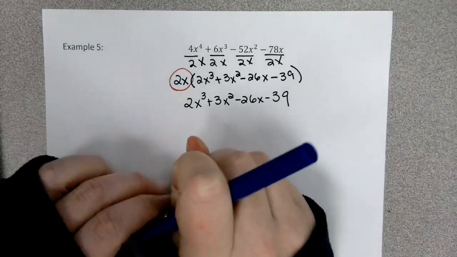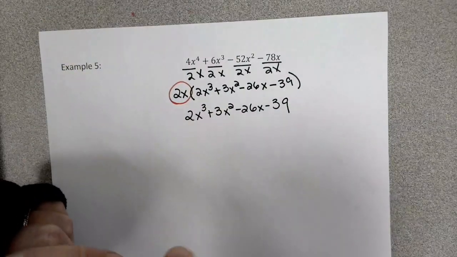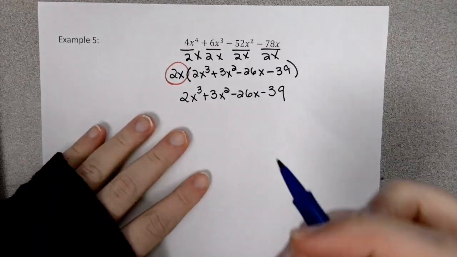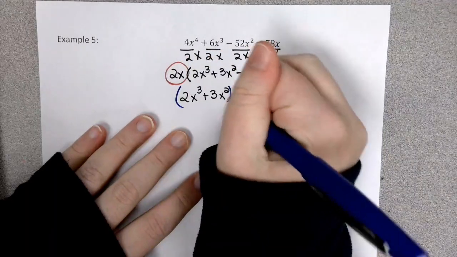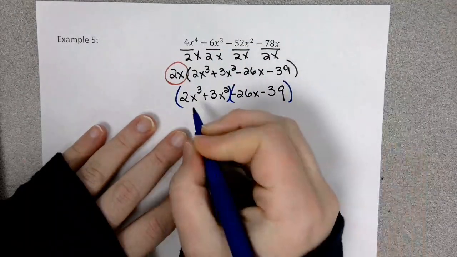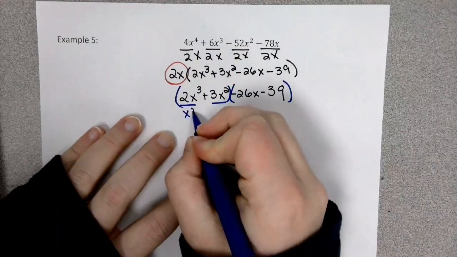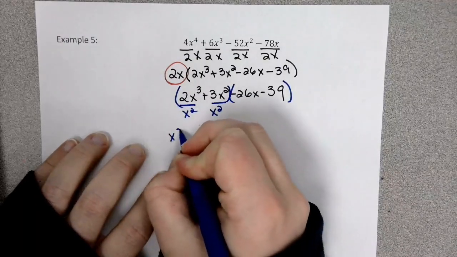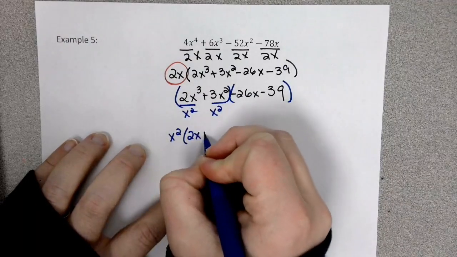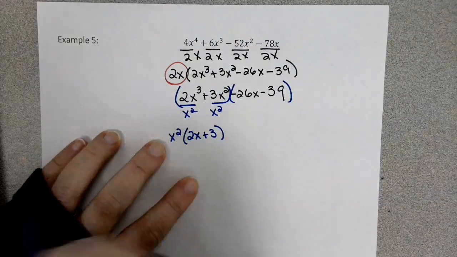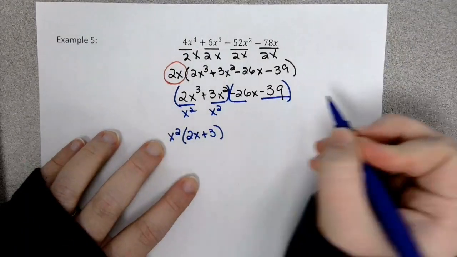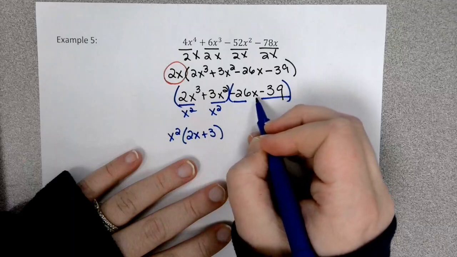And now, you can just factor using grouping the same way we did for examples 1 through 4. Put the first 2 together, last 2 together. I can pull out an x squared from both of these, leaving x squared on the outside, 2x plus 3. I then look at my second set of parentheses, negative 26x.